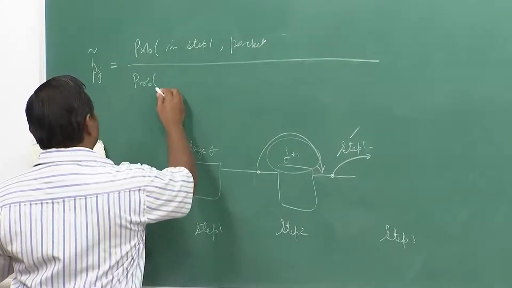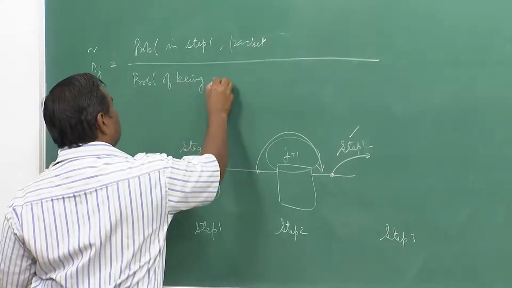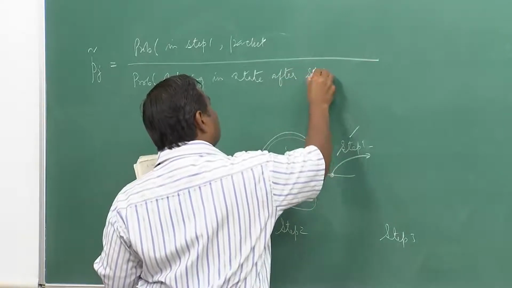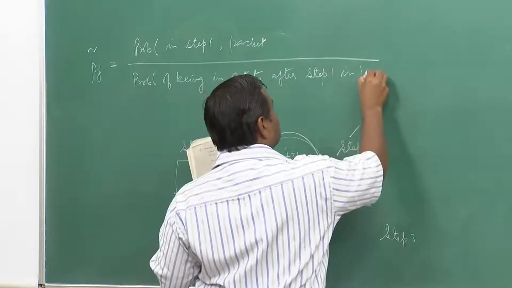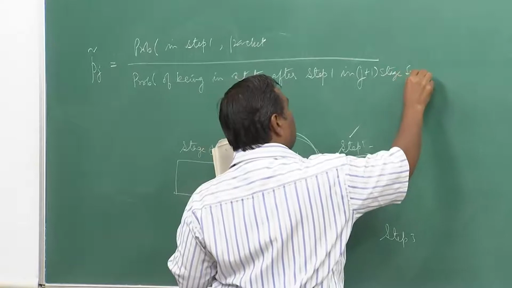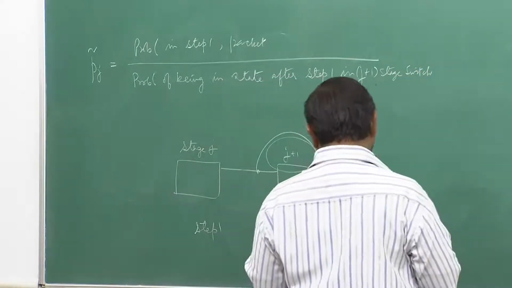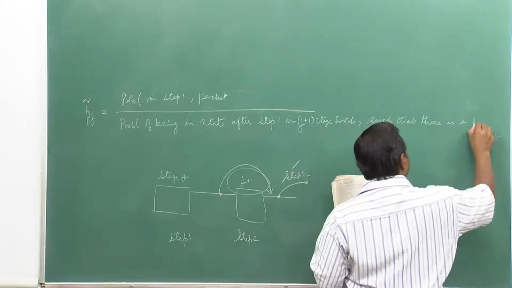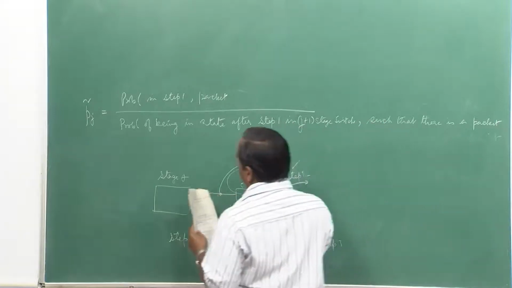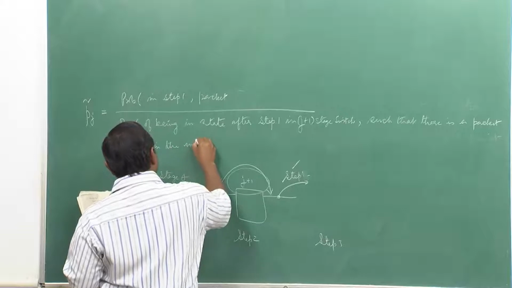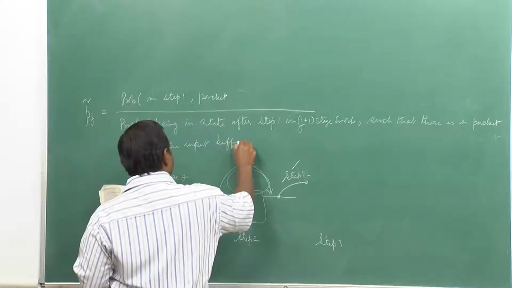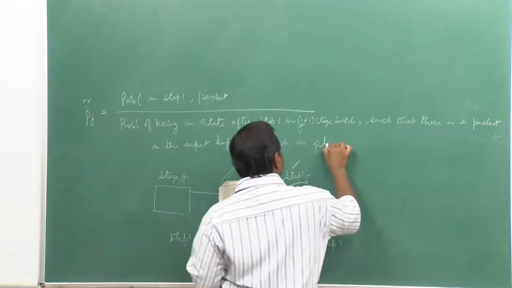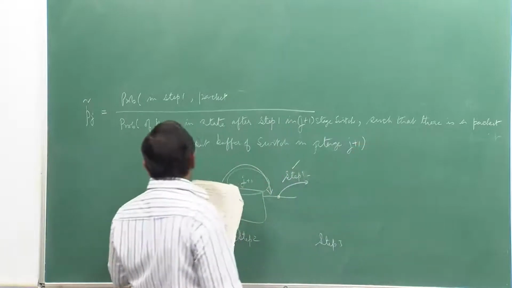So, I should write it as the probability of being in a state after step 1 in the j plus first stage switch such that there is a packet in the input buffer of the switch in stage j plus 1. Okay.